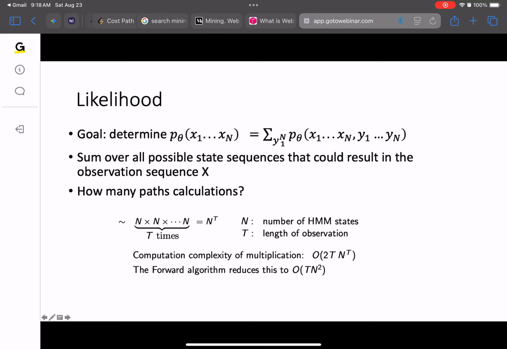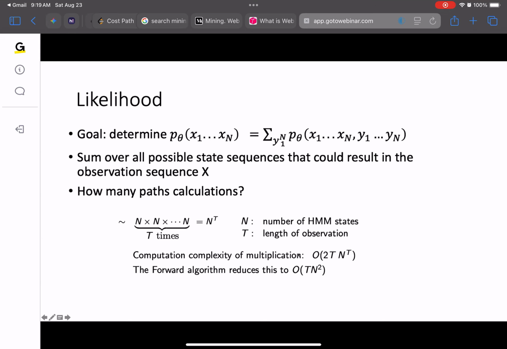So let's consider an HMM with n states and an observation length of t. In this case, the number of computations involved is of the order of t times n to the power t.